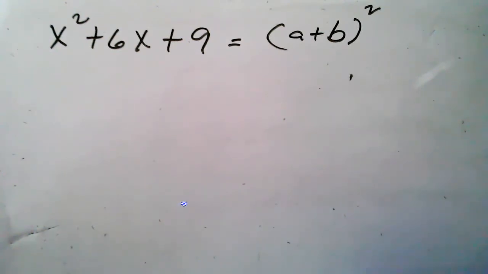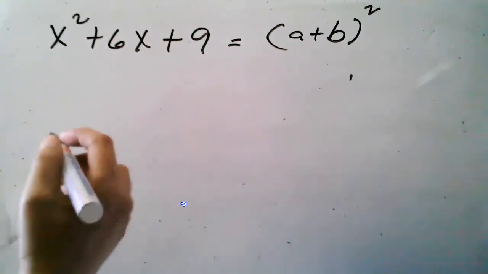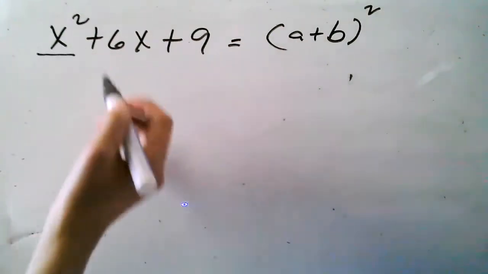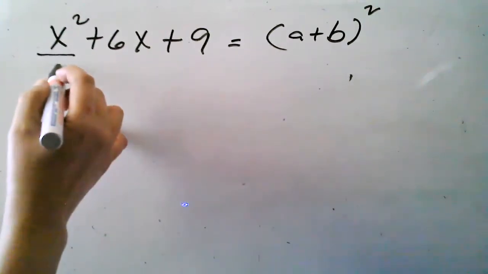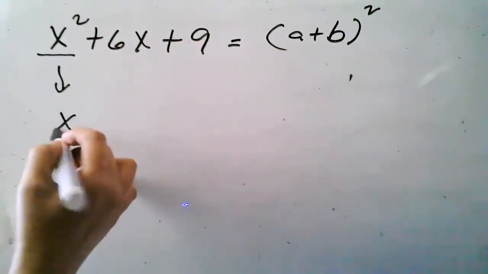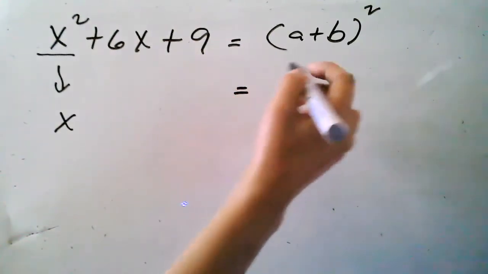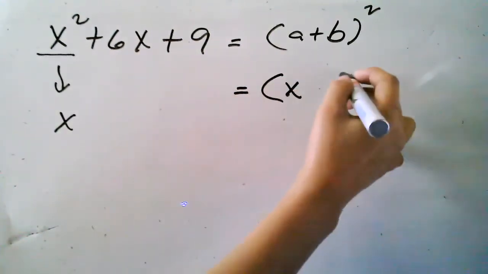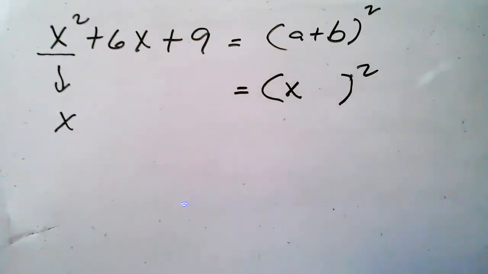So how are we going to factor this given example? As soon as we know that a given trinomial is a perfect square trinomial, then we're going to follow these procedures. First, we need to find the square root of the first term, okay? So x squared has the square root of x, and that becomes the first term of the binomial factor.